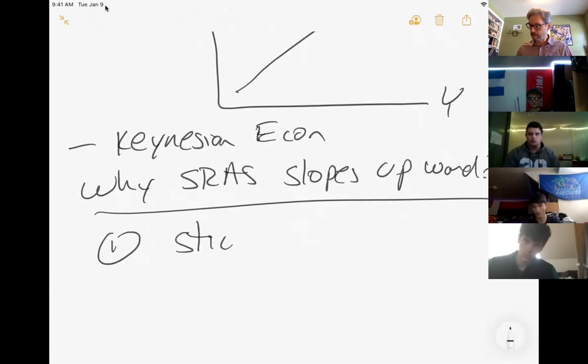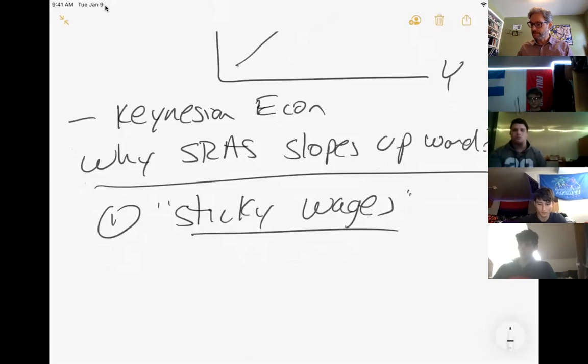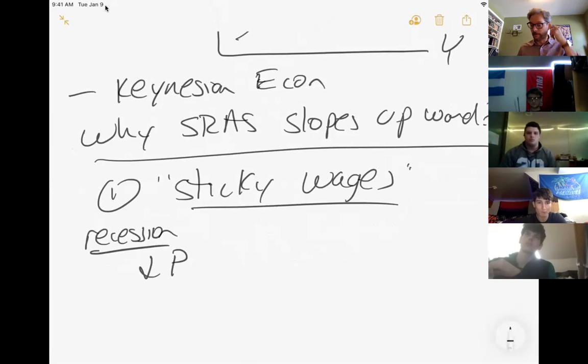The first that we spent quite a bit of time talking about is the fact that we have sticky wages. So we talked about things like minimum wage contracts and other forms of labor contracts that often keep wages from falling. We talked about the idea of efficiency wages, that firms don't want to cut wages, right? So as a result, what happens during a recession when we typically see the price level fall?